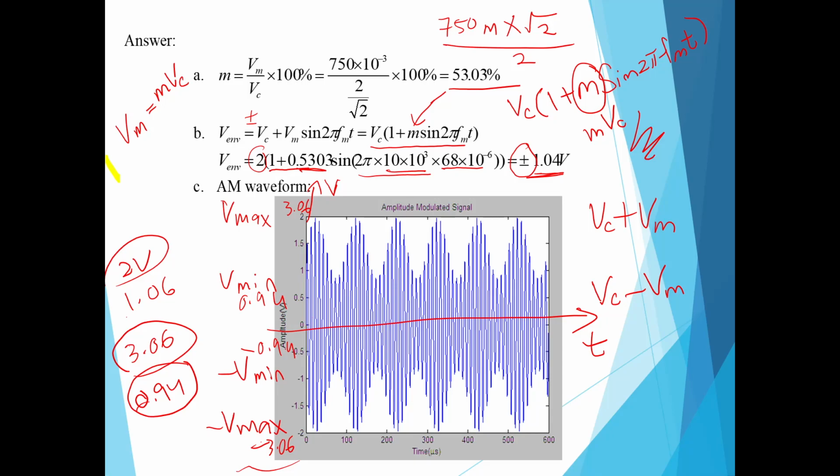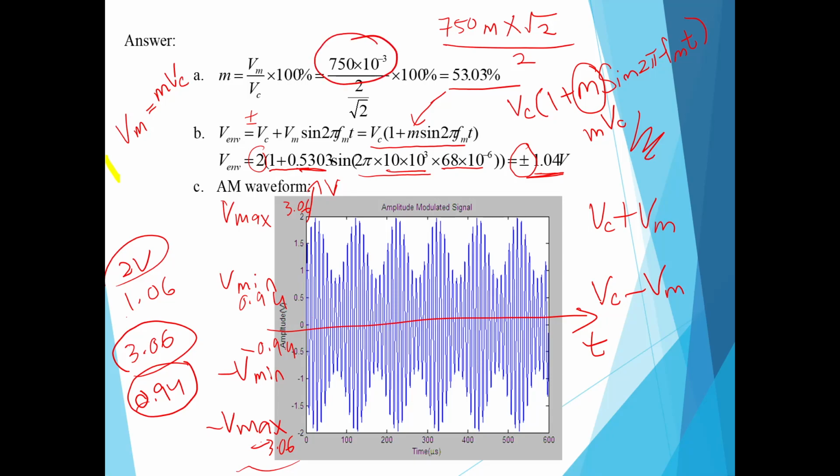Then untuk bawah, dapatkan nilai 1.06 tu, bukan sepatutnya jadi 1.04? 750 milli darabkan dengan square root of 2, 1.06 kan? Kenapa 1.04? I tak faham macam mana nak dapat nilai 1.06. Oh, 1.06 sebab tadi you diberikan nilai VM dalam sebutan RMS, which is this one, 750 milli.